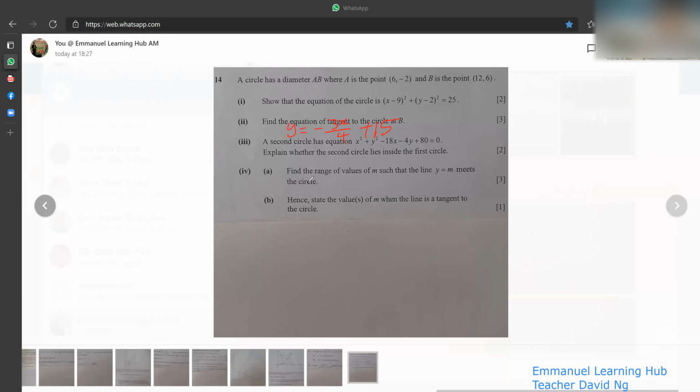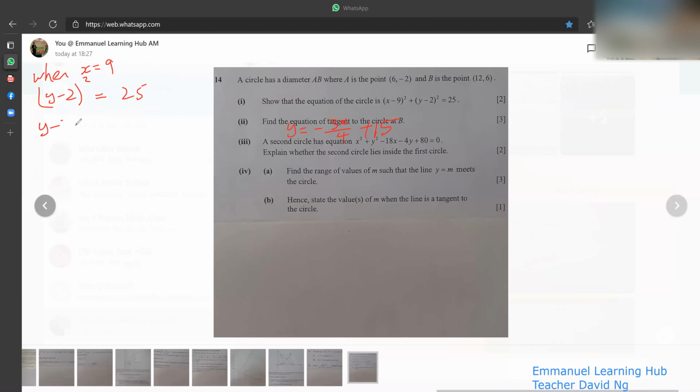Okay, find the range of values of m such that the line y equals m meets the circle. So when x is equal to 9, y minus 2 squared is equal to 25.